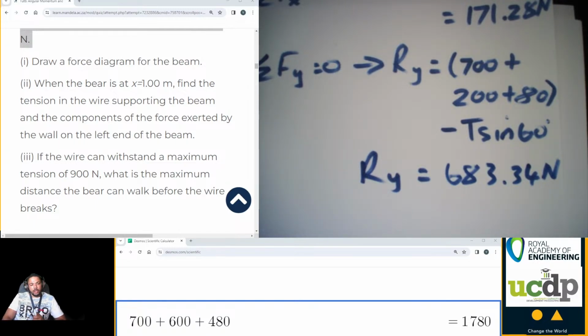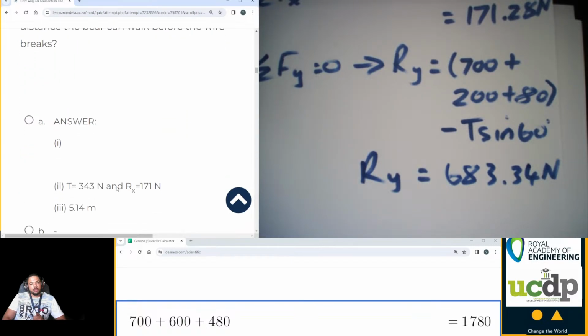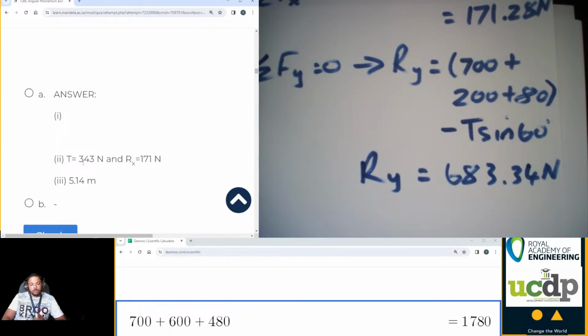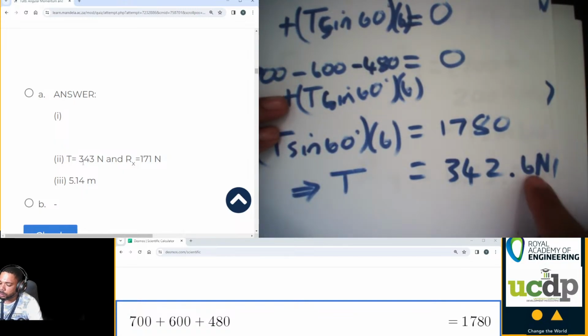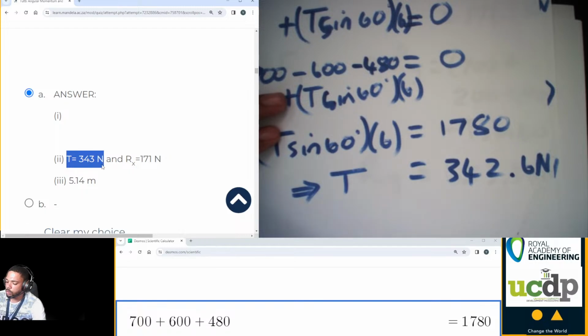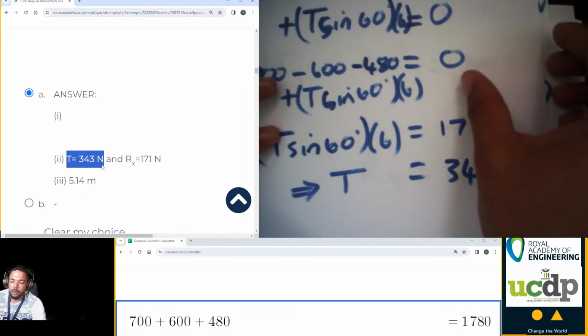Let's go check if we have done this correctly. So we have done the force diagram. We worked out the tension, and it was equal to 342.6, and they tell us here that the answer for tension should be 343. So if we round this off, it's 343.